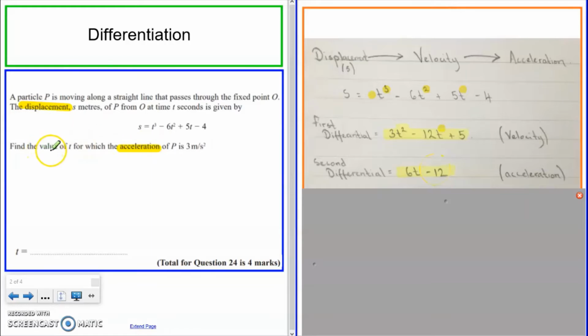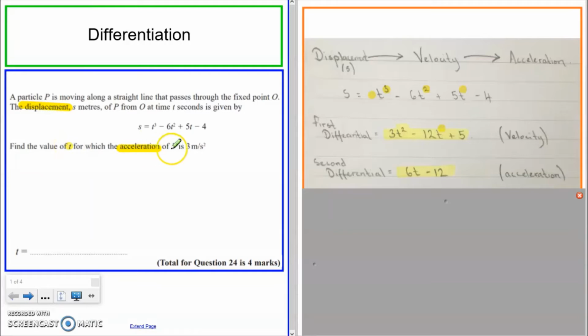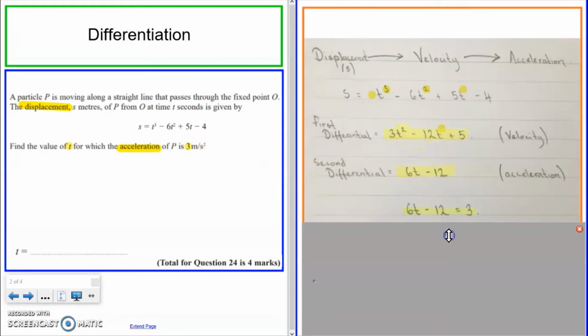The question asks me to find the value of t when the acceleration is 3 meters per second squared. So I'm going to take this bit of algebra and make it equal to 3. And then I've got myself a nice 2-step equation. I can add 12 to each side.